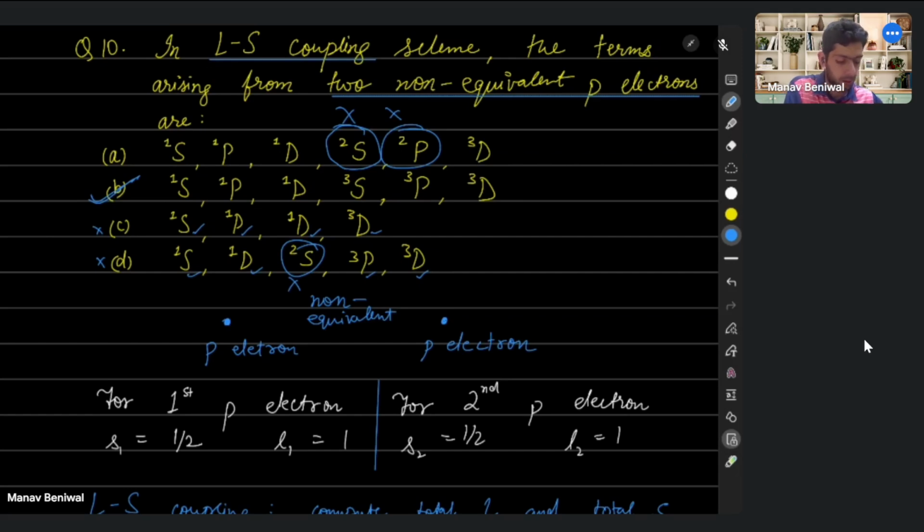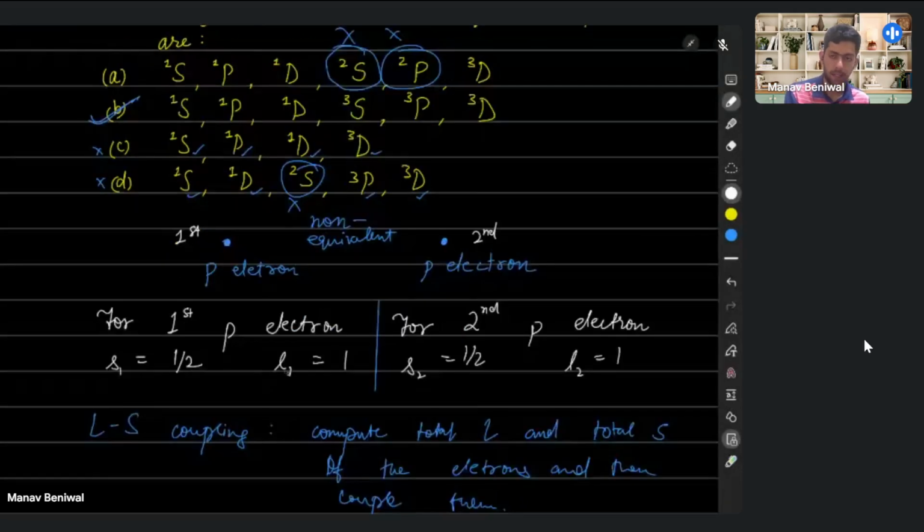So yeah, the question asked about the LS coupling scheme for two non-equivalent p electrons. Okay, so we take two non-equivalent p electrons. Let's say this is the first one, and let's say this is the second one. Then what we do is we write down the values of S, the spin quantum number, and L, the orbital quantum number, for both the p electrons.